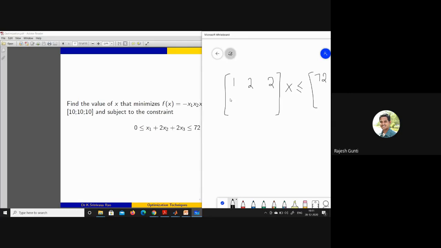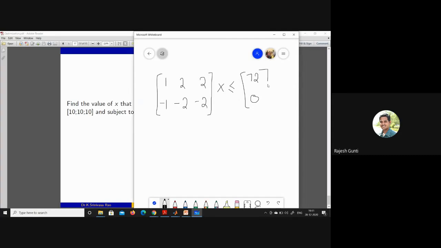That is minus x1, minus 2x2, minus 2x3 less than or equal to 0. Minus 1, minus 2, minus 2, times x, less than or equal to 0.